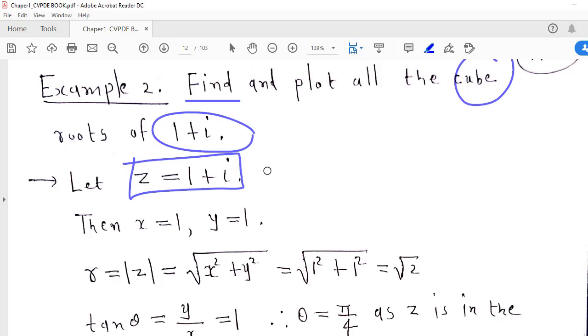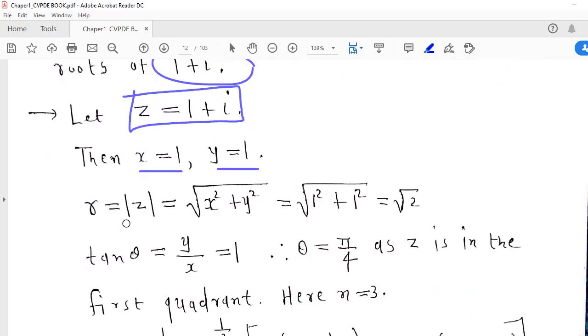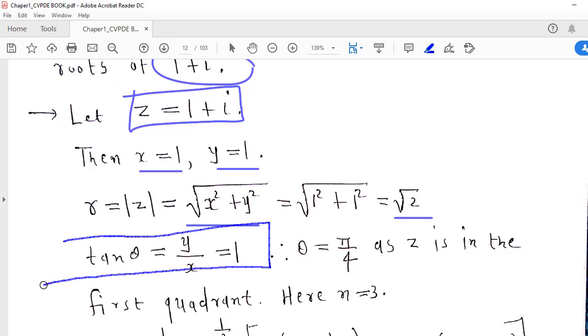If we compare with x plus iy, x and y are both 1. r is the square root of x squared plus y squared, that is square root of 1 plus 1, that is root 2. This 1 plus i is in the first quadrant, and tan theta is y by x, that is 1, and because this complex number is in the first quadrant, theta is pi by 4.